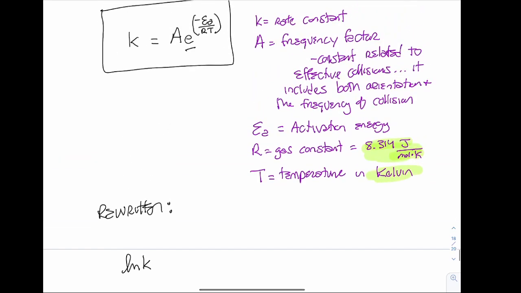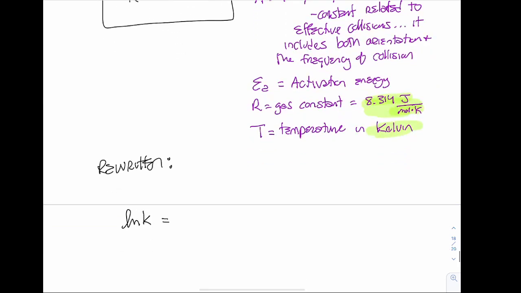Remember that e here is the anti-natural log, so we're taking the natural log of both sides. And then that's going to be equal to negative of my activation energy over R, still my gas constant, multiplied by 1 over temperature plus the natural log of A, that frequency factor.